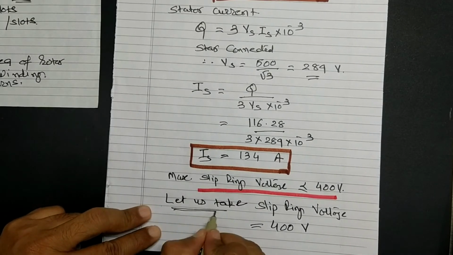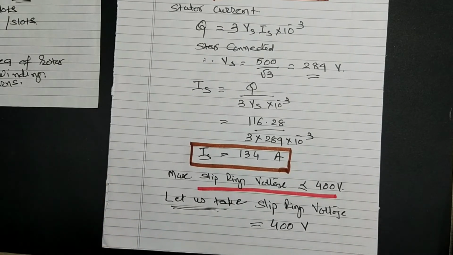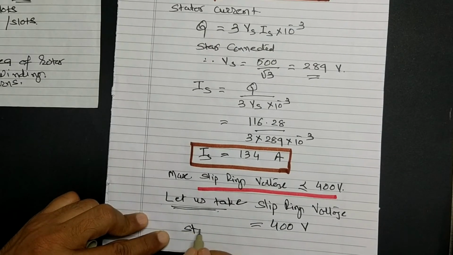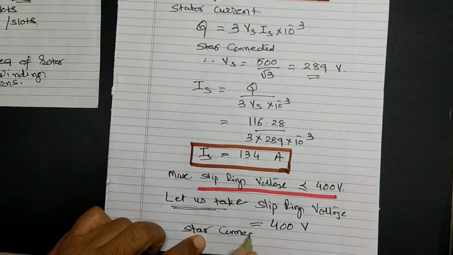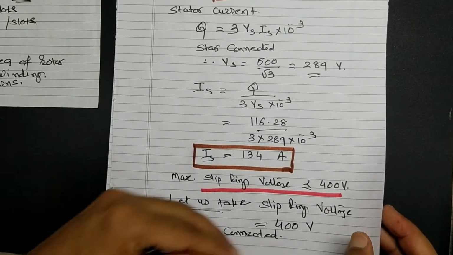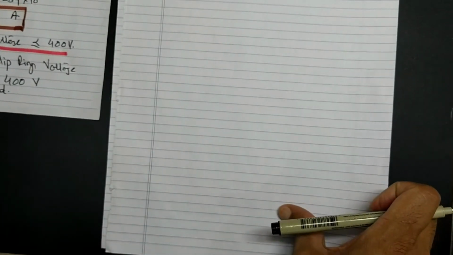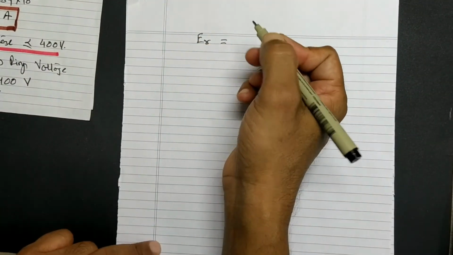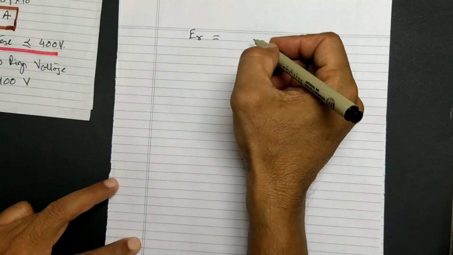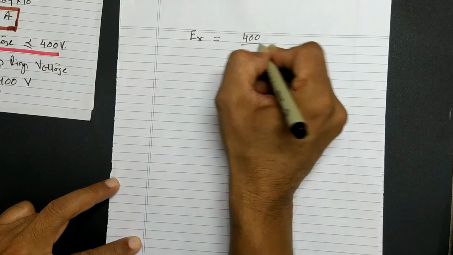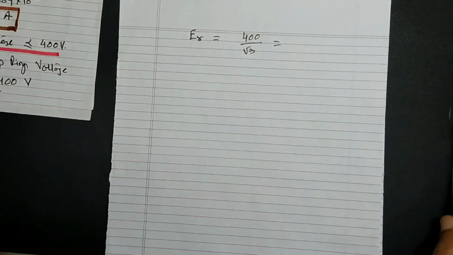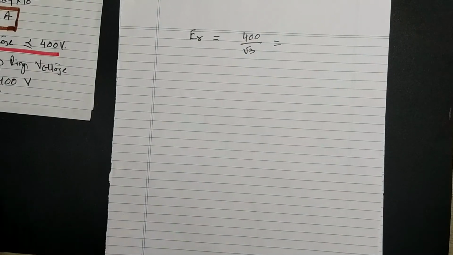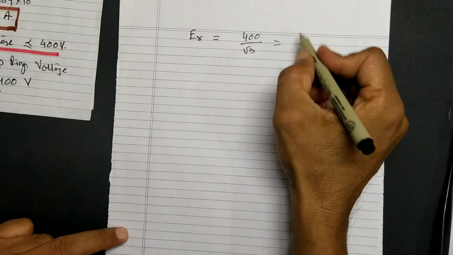Now suppose we consider rotor is also star connected, then we have rotor phase voltage ER, that comes to 400 divided by √3, which is 231 volt.